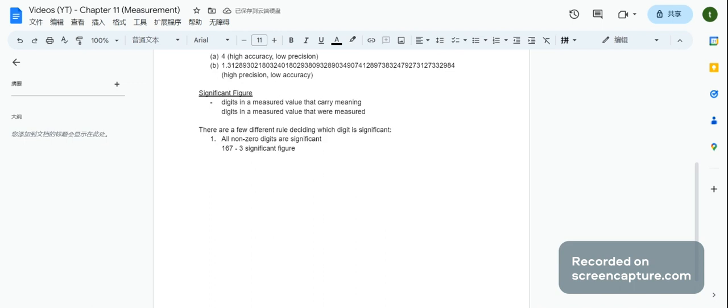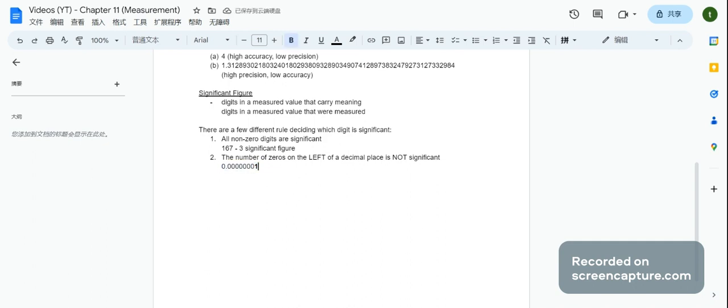Rule 2 is that zeros on the left of a decimal place are not significant. For example, in this case, since these zeros are to the left of the 1, those are all not significant.